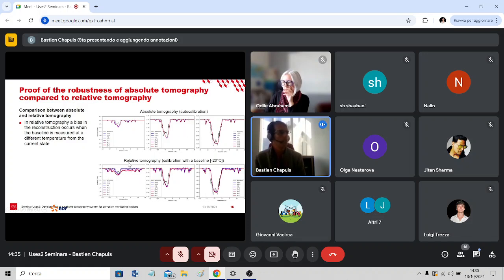If we use relative tomography, so using the calibration with a baseline at minus 20 degrees, you can see that there is some offset, which is due to the incorrect signals that are used to compensate the temperature variation.